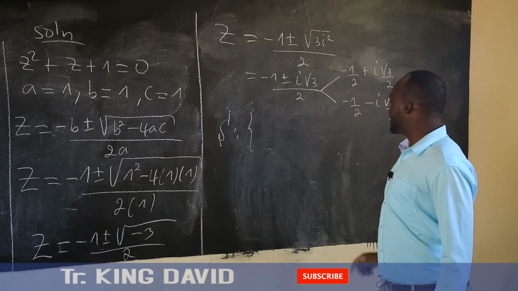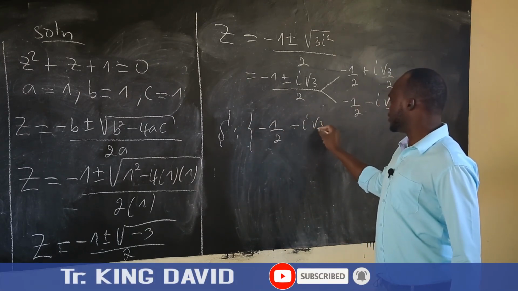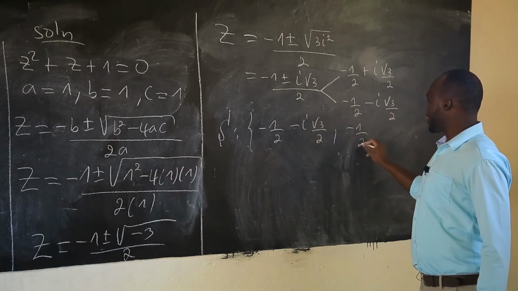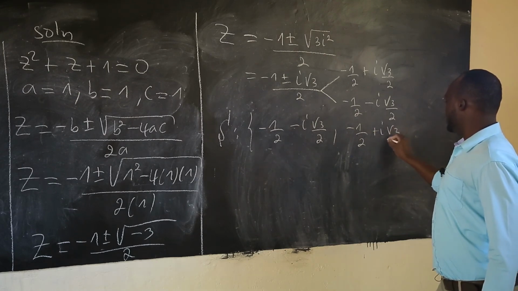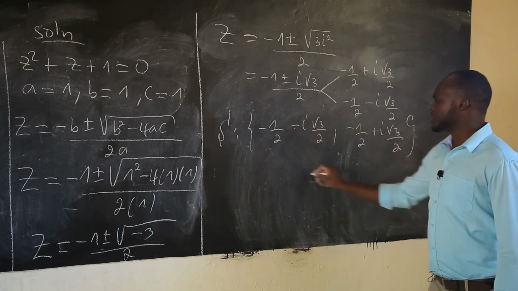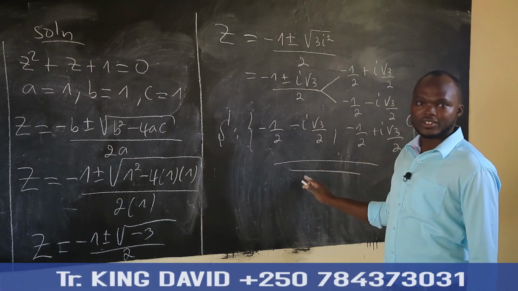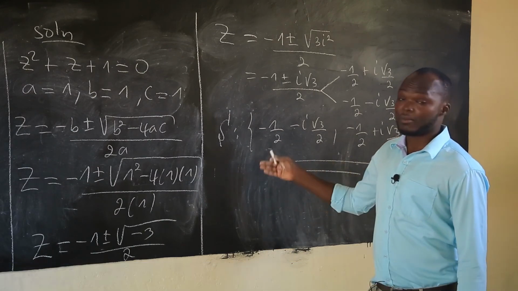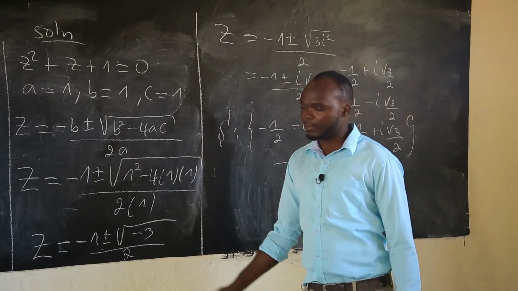And those two values of z are negative 1 over 2 minus i root 3 over 2 and negative 1 over 2 plus i root 3 over 2. So those are values of what? Of z. So do you have any question here? I think there is no question. It's just a matter of solving what? A quadratic equation. So let us try to do another example like B.